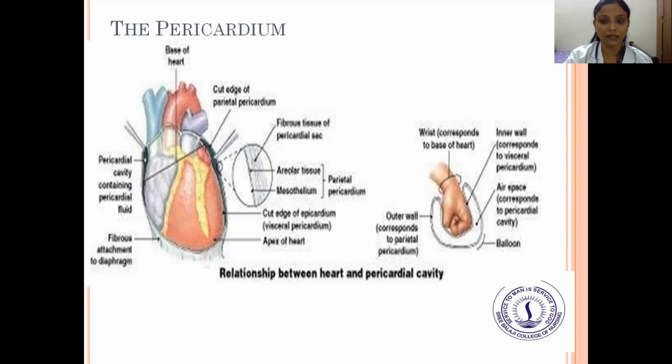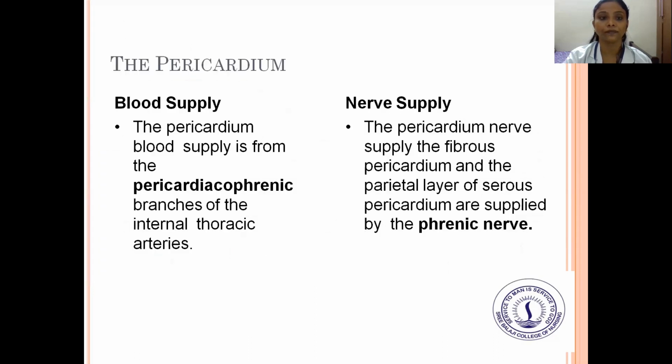Imagine a fist pushed into a balloon: the wrist corresponds to the base of the heart, the inner wall corresponds to the visceral pericardium, the air space corresponds to the pericardial cavity, and the outer wall corresponds to the parietal pericardium. This is the structure of the pericardium which covers the heart.